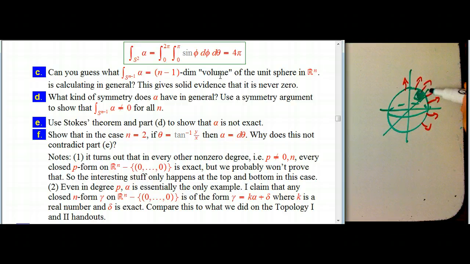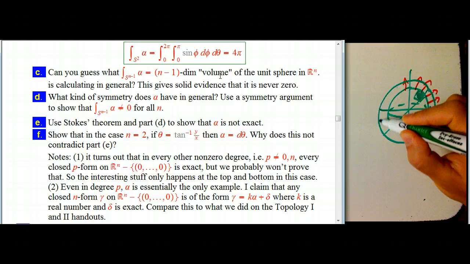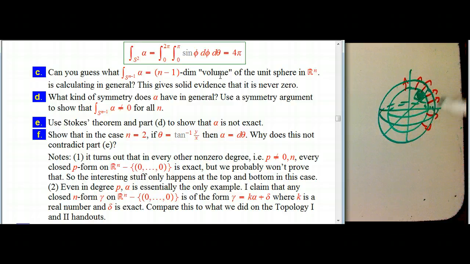So one way to think about it is I'm kind of taking a shell by using this unit vector and doing the interior product. I'm basically saying I'm going to take a shell of unit thickness that's perpendicular to the 2 sphere, and I'm going to take the volume of that.